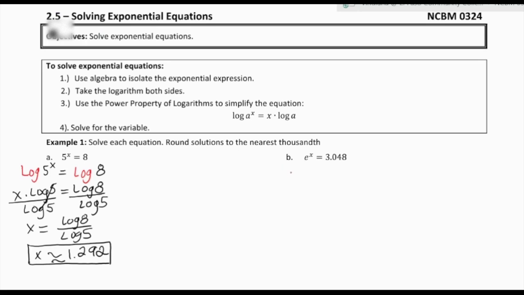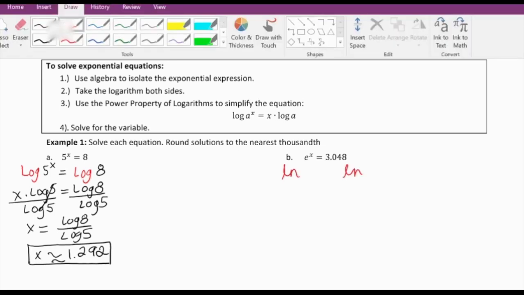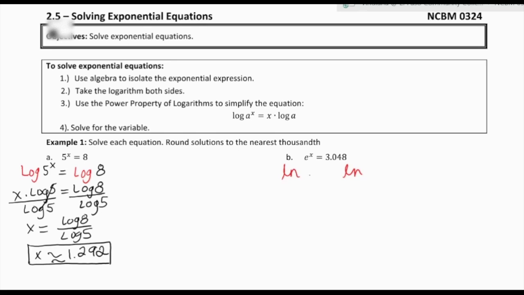So it's going to look like ln of e to the x equals ln of 3.048. We apply the power property, so x times ln of e equals the ln of 3.048.